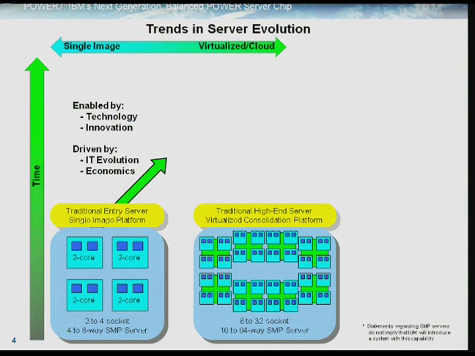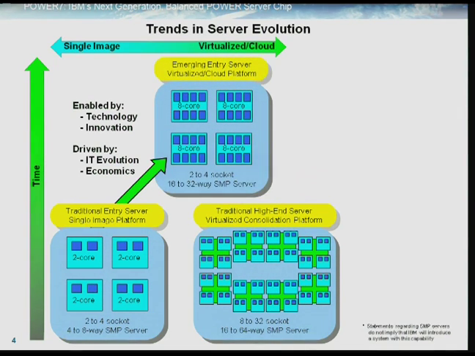So stepping back, once again, I said the systems are really the important thing. It's not the chips. I know this is a conference about chips, but the systems. If you look at a traditional, what I'll call a small entry server platform, take like a 4-socket dual core type design, we are seeing this trend that the technology shrink enables us to take this into a much higher space, building 16, even 32-way kind of servers.